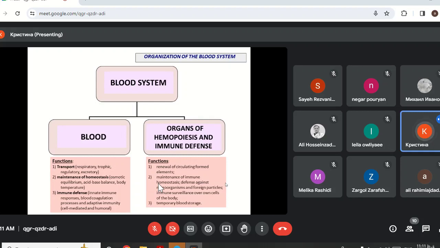If this happens with some cells, the cells of immune defense will find such bad cells and kill them. And also temporary blood storage is an additional function of some of the organs of immune defense.